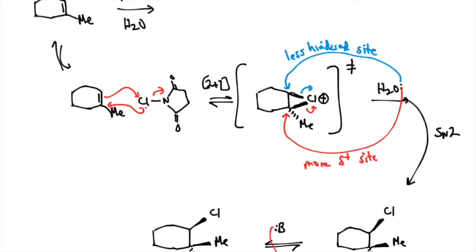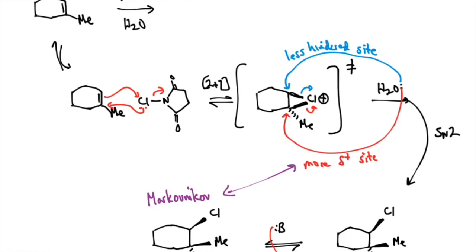But this reaction occurs with Markovnikov regioselectivity. Why does it occur with Markovnikov regioselectivity? Because that nucleophile, the water, attacked the more delta positive site. So these two things are linked together.